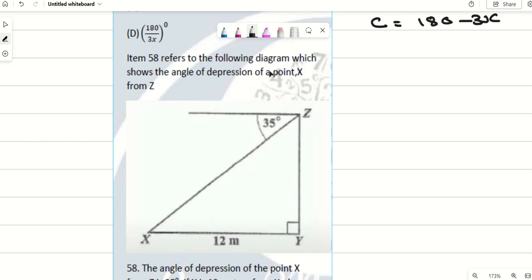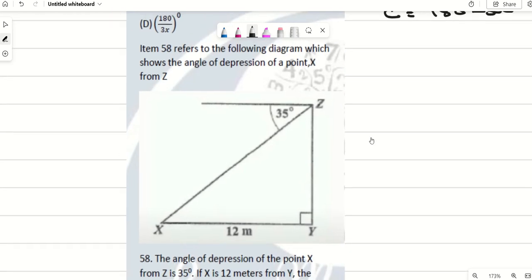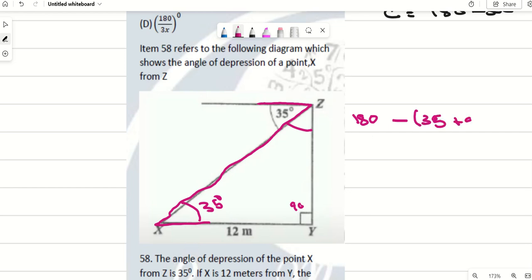Item 58 refers to the following diagram, which shows an angle of depression of point X from Z. So first off, guys, are we seeing a Z angle? We are, right? If you look here, we're seeing a Z, and the internal angles of a Z are the same, so we know that this here is 35 degrees. And if this is 35, this little square means it's 90, then this angle here would be 180 minus 35 plus 90.